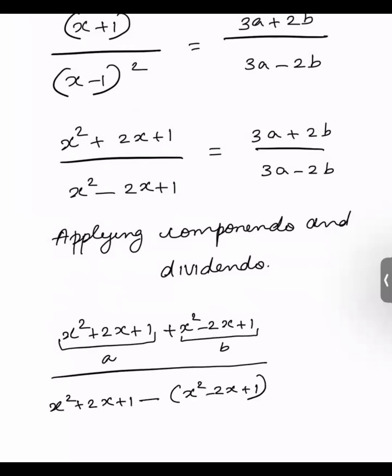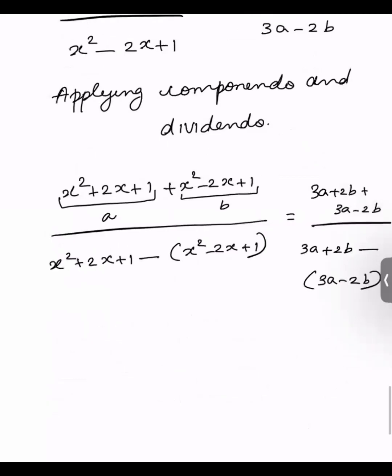This is equal to 3A plus 2B plus 3A minus 2B divided by 3A plus 2B minus 3A minus 2B. I am applying the componendo and dividendo rule. Based on that, I have to use A plus B divided by A minus B is equal to C plus D divided by C minus D. And that's what I'm writing here.